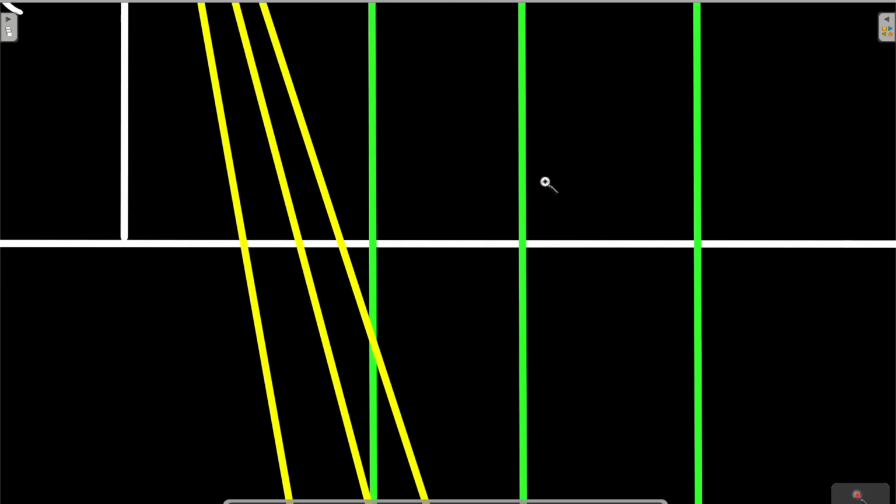See, now you need to see which final velocity vector makes the least angle out of the three. You can clearly see this angle theta 1, this angle theta 2, this angle theta 3. So clearly theta 3 is the smallest.